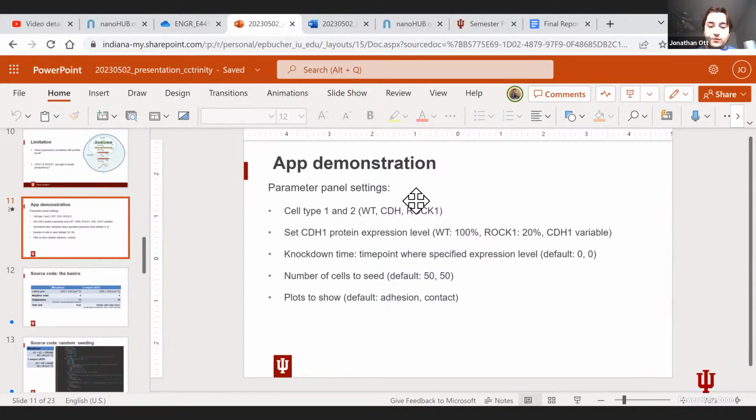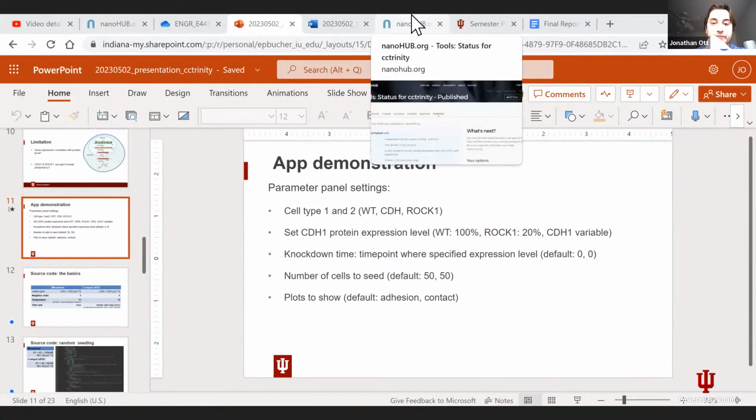I'll show you some of the values and which ones have been yielding the best results. You can set the knockdown time as well, the number of cells to seed, and which plots to show. The defaults are adhesion and contact, however, there are a few others which can be set as well.